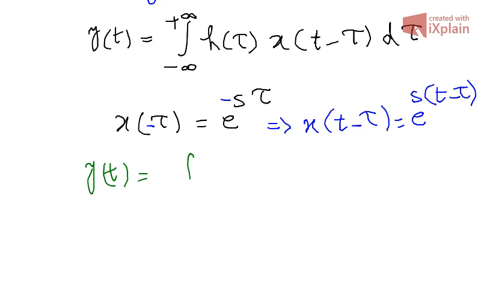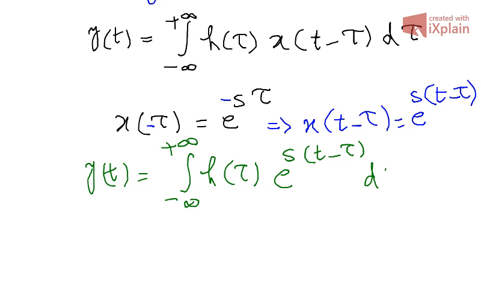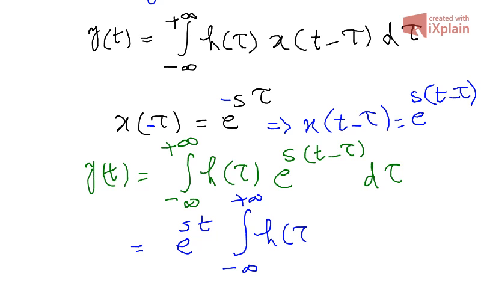If you substitute it, you have h of tau and then e raised to s times t minus tau d tau. You can rewrite it as e raised to s t times the integral from minus infinity to plus infinity of h of tau e raised to the power minus s tau d tau.